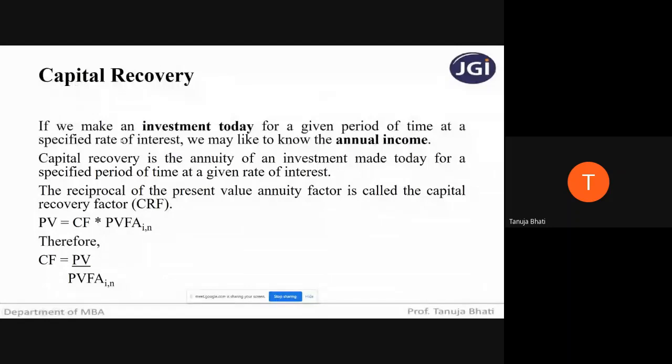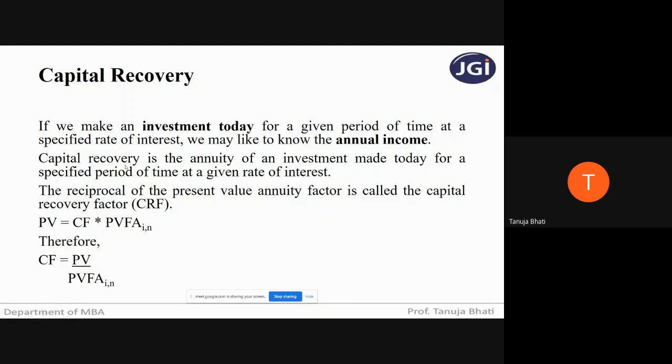So if we have made an investment today for a given period of time, suppose for 5 years at a specified rate of interest, suppose 10 percent, we may like to know the annual income. Annual income is the income that will be generated from the capital that you have invested in order to recover back the capital.